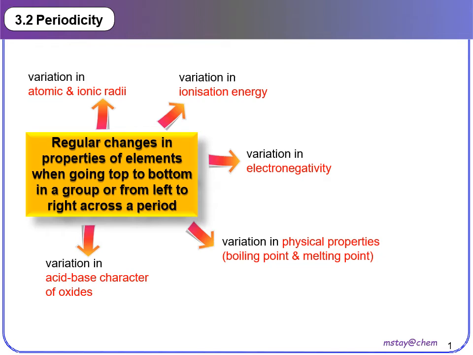Today we are going to continue with 3.2 periodicity. In this subtopic, we are going to discuss the atomic and ionic radius, ionization energy, electronegativity, physical properties including the boiling point and melting point, and also the acid-base character of oxides, across the period and also going down the group generally.